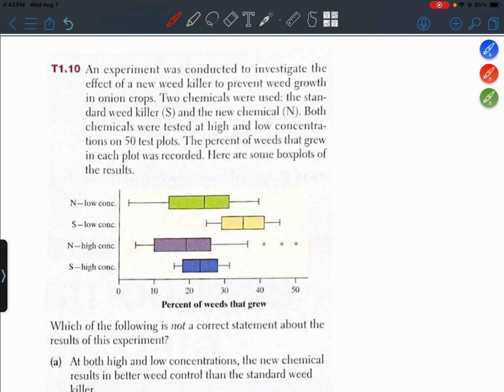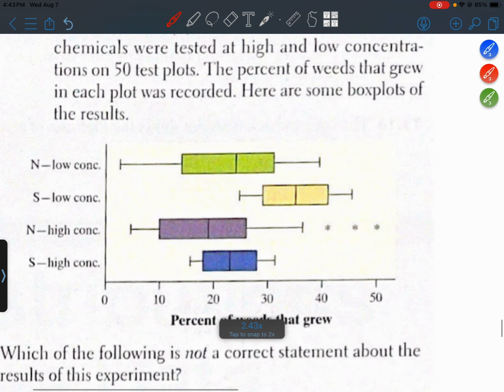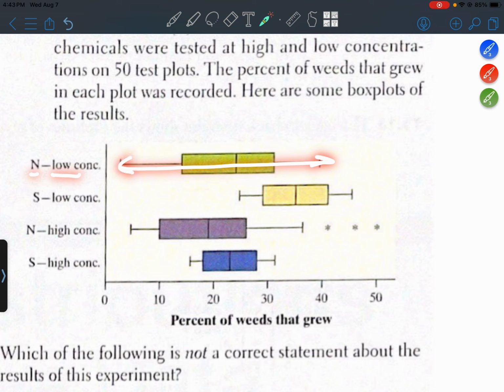Okay, all right, so I'm just going to talk about what I notice here. First thing I notice is that the new chemical at low concentration seems to have a wide variety of the variable, percent weeds that grow. Whereas this standard chemical at high concentration seems to have a much lower variability.